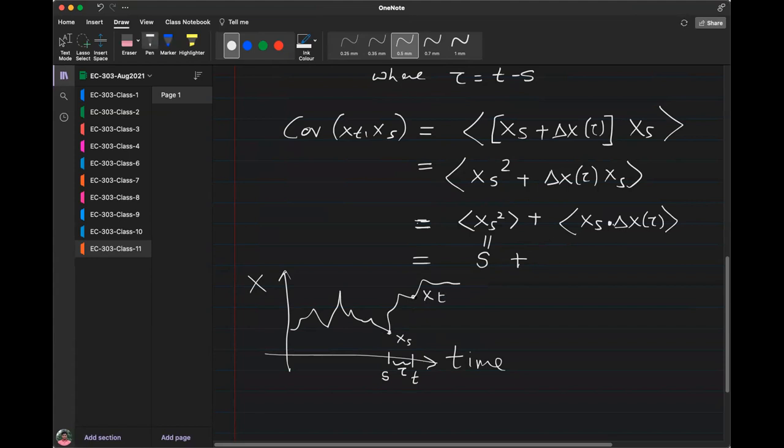This was xs, this was xt. And this jump that has happened is basically this delta x of tau, whereas xs is the location here. So xs is a random variable and delta x tau is also another random variable. How do you think these two random variables are related? Are they related to one another in some way? The delta x tau and x of s, are they related to one another?